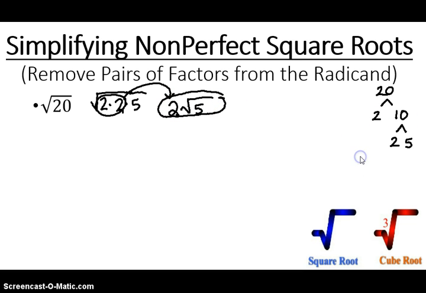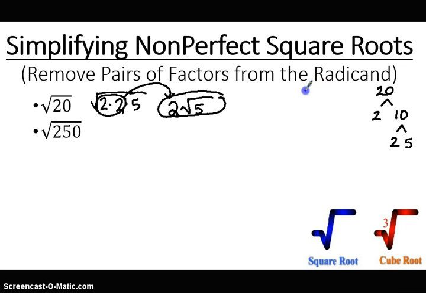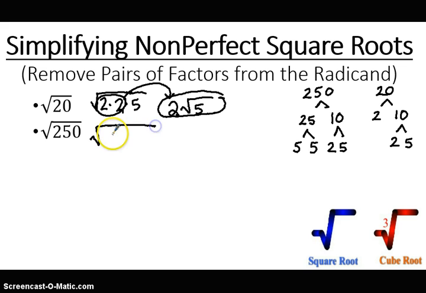Let's do one more example like that. The square root of 250. We would first factor 250, which is 25 times 10. 25 is 5 times 5. 10 is 2 times 5. So we get 2 times 5 times 5 times 5, rewriting the radicand as the prime factorization.